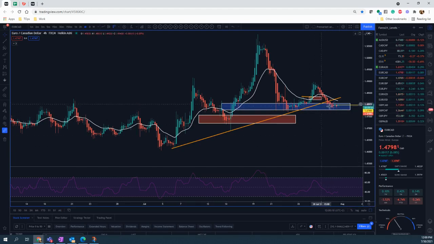So let's inspect what's happening to the price in this area, where the price, like I said, is located at the key support level, and because of that we are forecasting some price action which will reverse the trend.